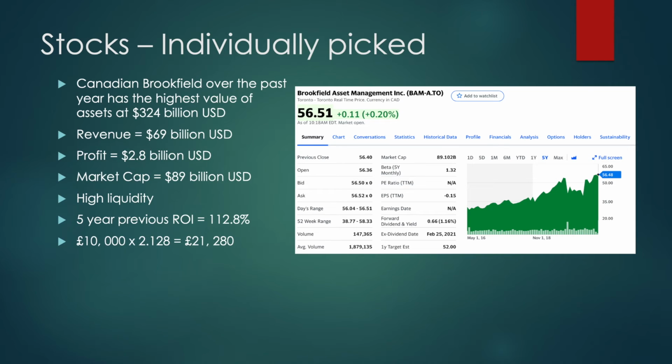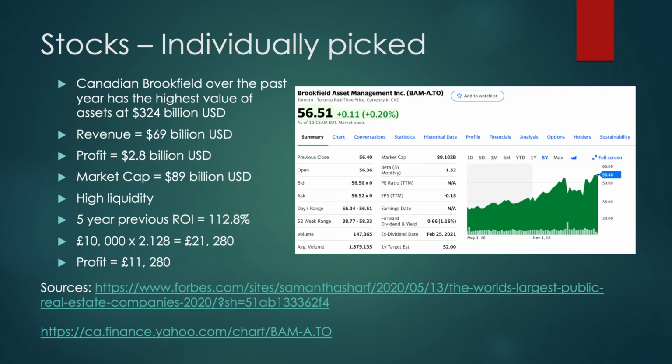So if my client had invested £10,000, looking at the ROI there, it would have paid them out 21.28, and that would have been a profit of £11,280. Sources I've used here, Forbes, they gave me the revenues and profits, but then I've also used Yahoo Finance to work out the stock prices and the picture that's used on my right.